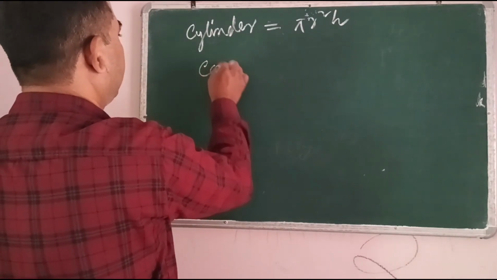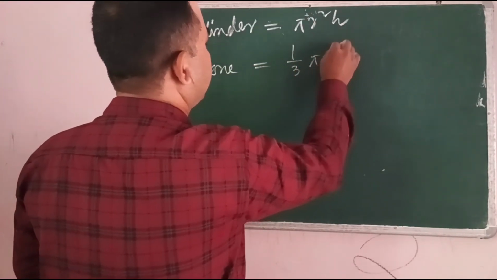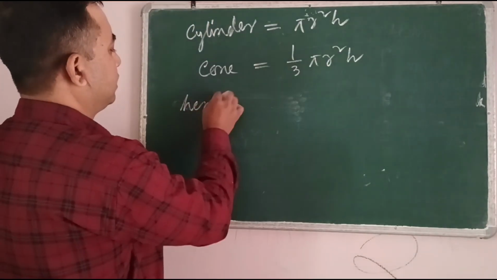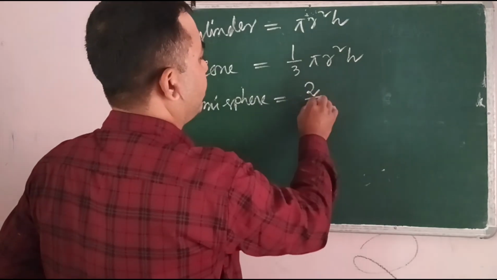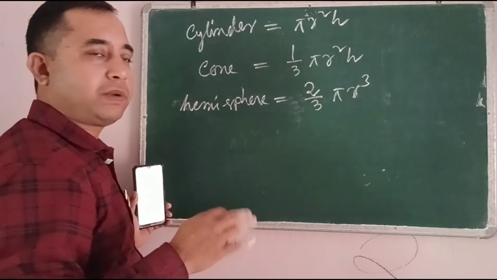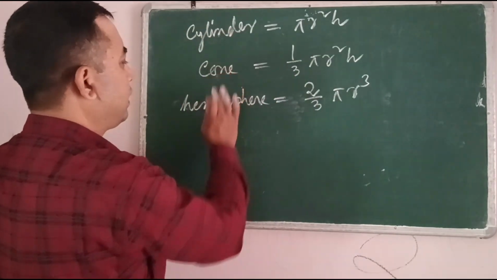Volume of a cone is equal to 1/3 pi r square h. And the volume of a hemisphere is equal to 2/3 pi r cube. Actually the volume of a sphere is 4/3 pi r cube.